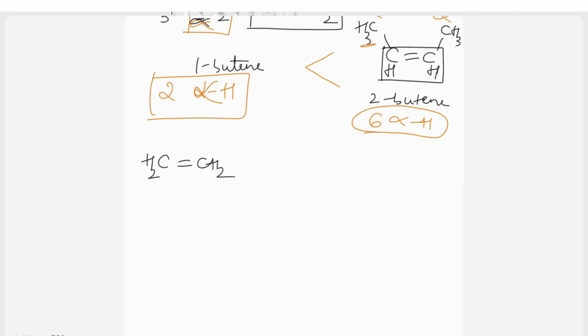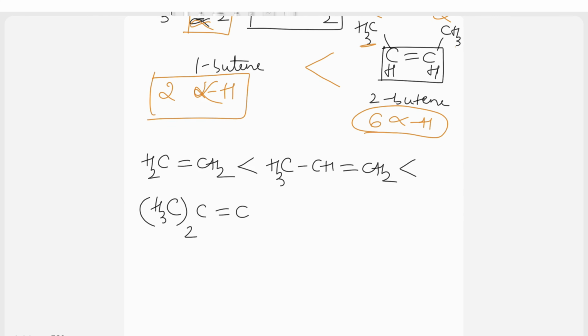because it's the basic one with no hyperconjugation or alpha carbon, compared to propene. So as the substitution increases, then comes the disubstituted, then comes the disubstituted on one side and monosubstituted on the other side.